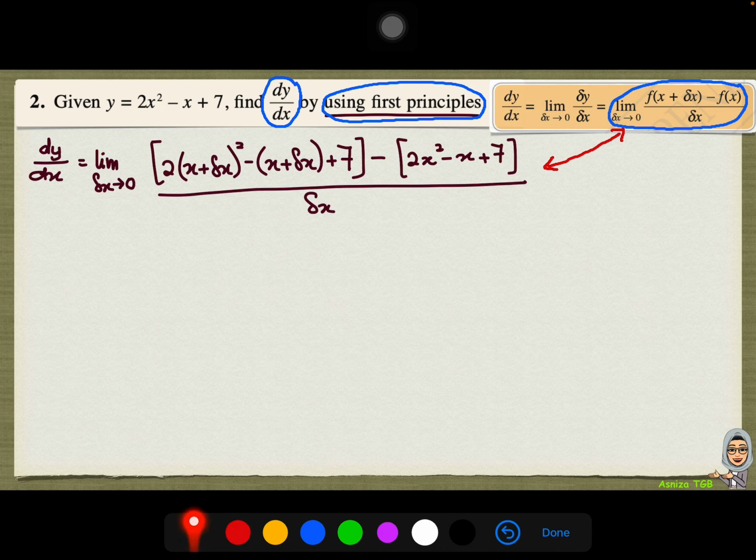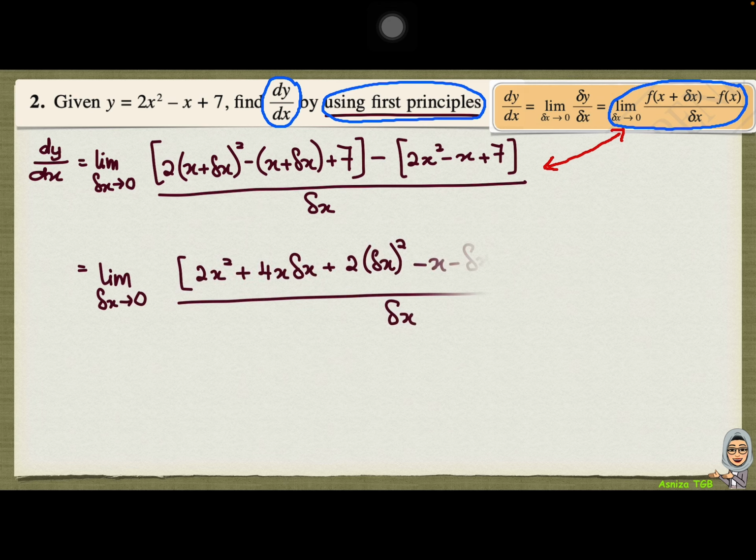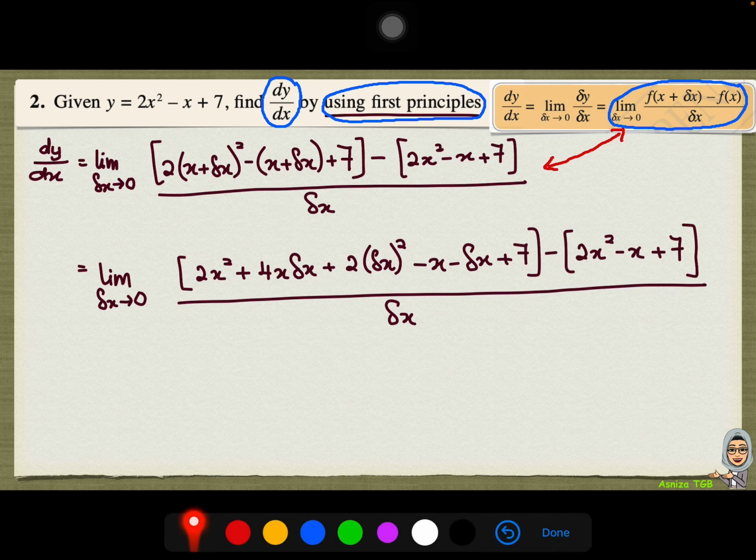Next, the next step, we really need to be careful when we simplify the expressions. When you expand the first expression, we have 2, this is quadratic, so 2x squared plus 4x delta x plus 2 delta x squared.